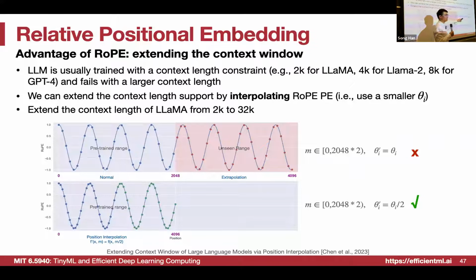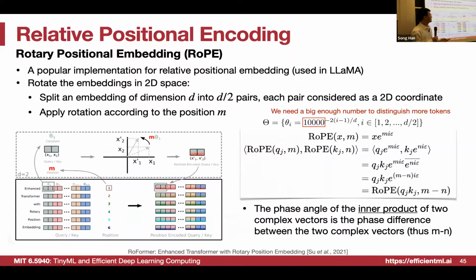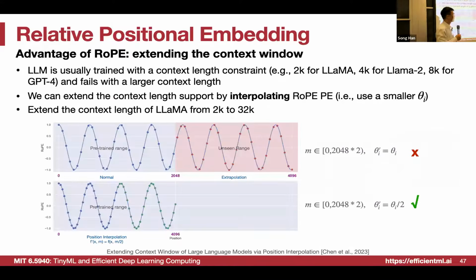You cannot directly keep the same setup and just increase the number of sequence tokens here. So what does theta mean? Theta means the rotation angle. Since you have a longer context, you cannot rotate the same angle. If you double the number of tokens in the sequence, you should rotate only half. So the correct solution here is theta equals theta divided by 2.